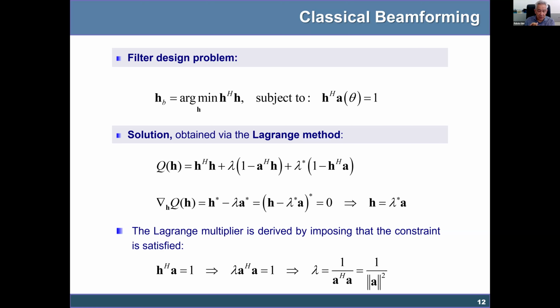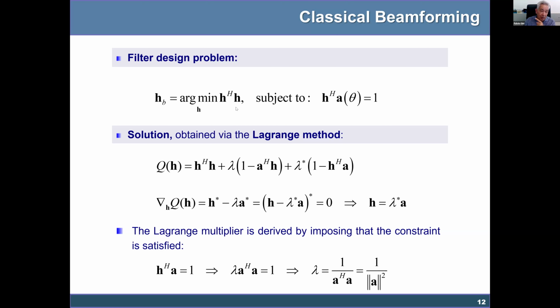So this is the constraint. We want to impose the constraint that if there is a signal coming from angle theta, so the signal of interest in the vector y is proportional to this, the output of the filter, which is this one, is equal to 1. So this signal is not attenuated. So it passes undistorted.